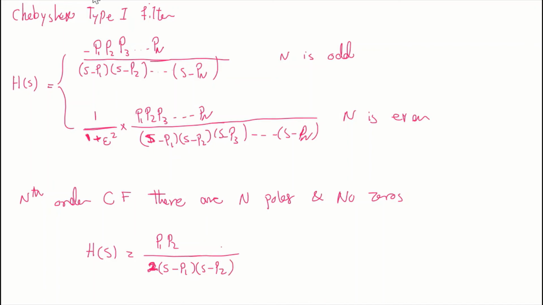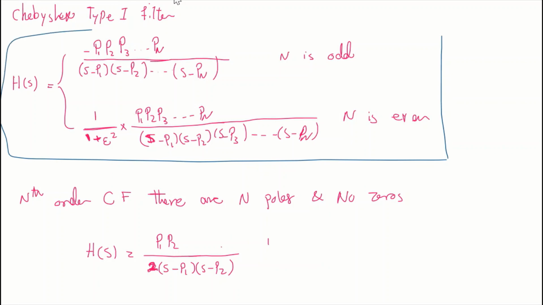Here we need to calculate the poles, which requires some calculations like hyperbolic cosine and arc hyperbolic cosine, so I leave that to you using a calculator or online websites. So that's all for the Chebyshev filter. This is the general form of the transfer function, and bear in mind that it doesn't have any zeros, but it has n poles if the order of the filter is n.